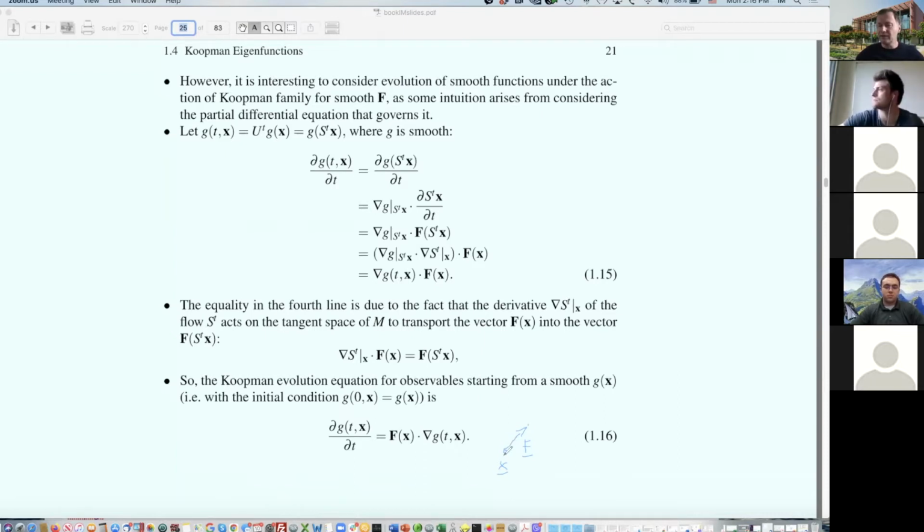So once again, as I pointed out before, these Koopman type evolutions give you information that is propagated backwards. The trajectory goes forwards, you pick up what the value of the function is, and you propagate it backwards along trajectories.